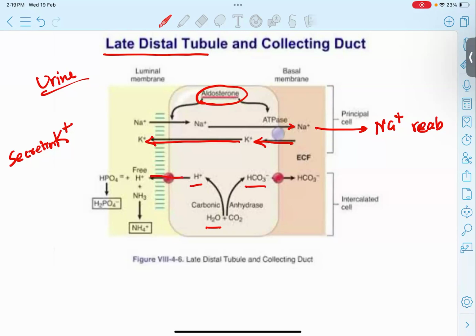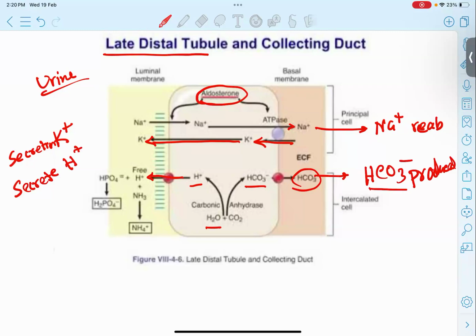The proton is getting secreted. But the bicarbonate is not reabsorbed, actually, it is produced. There was no bicarbonate right here, right? So we have produced new bicarbonate.